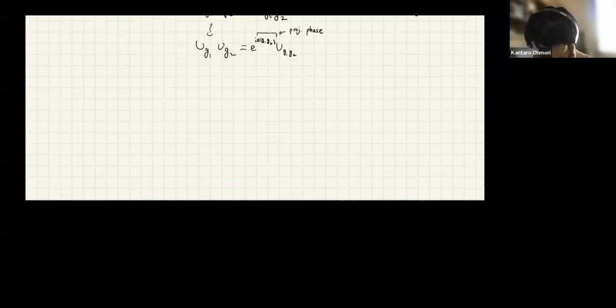Now, there was a question on day one: how about the associativity? Well, these are matrices, and matrices satisfy associativity. So U(G1) U(G2), first multiply this and then multiply U(G3), equals U(G1) multiplied by U(G2) U(G3).